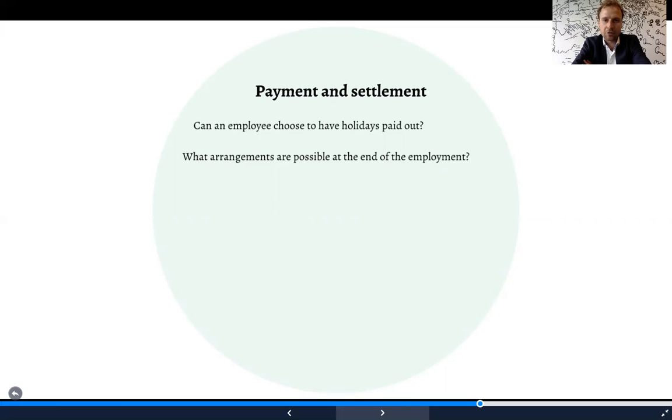So that's usually agreed upon in a settlement agreement that the employee is exempted from work, as a trade-off for the vacation days, so that during the exemption from work, all holidays are deemed to be taken.